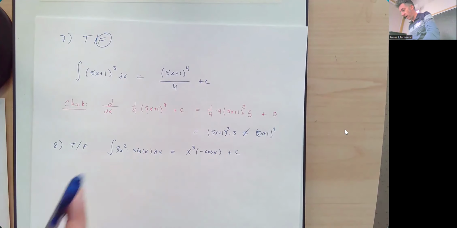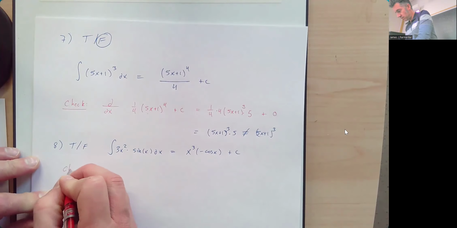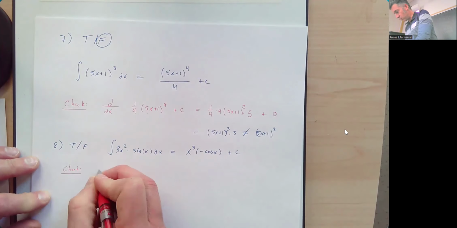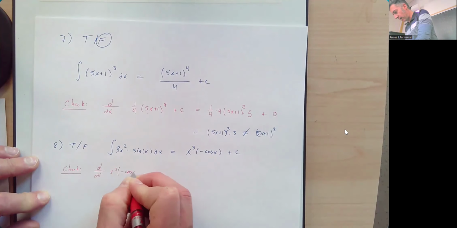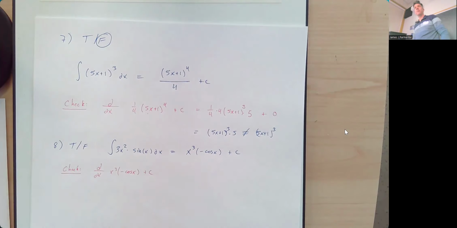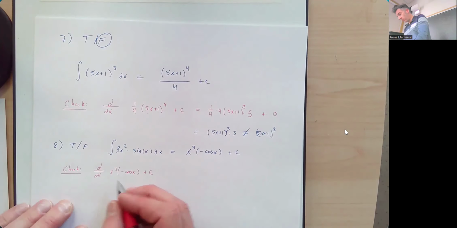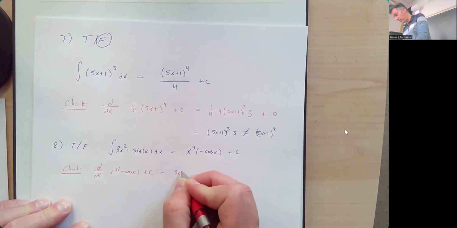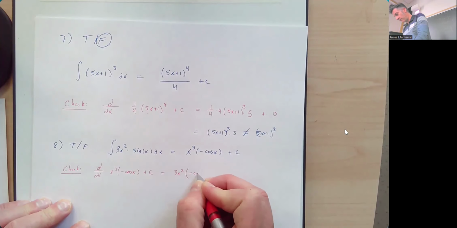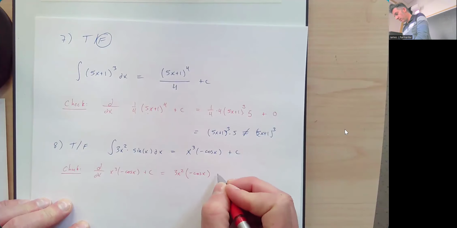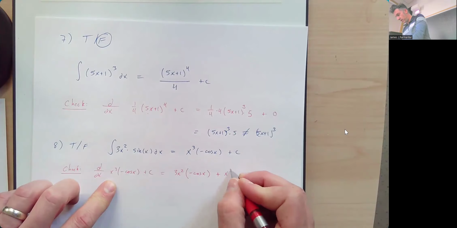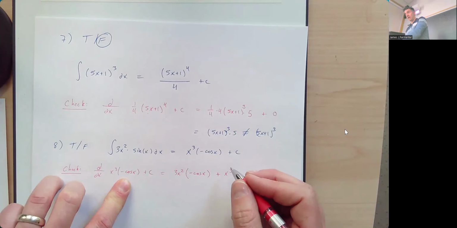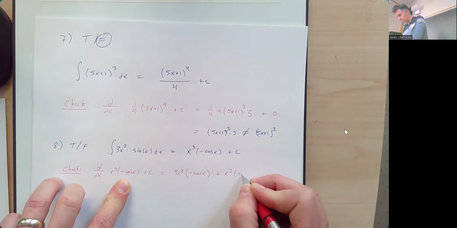If we check the derivative of x cubed times negative cosine of x plus c, we have to actually use the product rule. Derivative of x cubed is 3x squared times the other piece left alone, plus, now we do it the other way, leave the x cubed alone, and the derivative of negative cosine is negative sine, just sine.